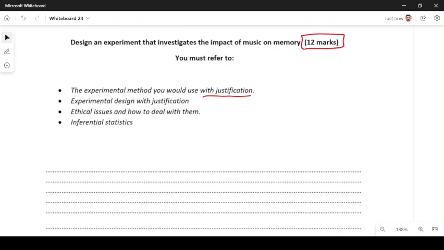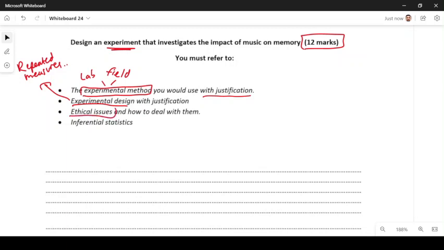So methods that we could make reference to, you could go down the route of the lab, you could do a field. You're obviously not going to do an observation or a correlation or anything, because this is designing an experiment. Make sure as well, this is research methods recap, you know the difference between an experimental method and experimental design. Experimental designs, you could choose maybe repeated measures, maybe the independent groups design as well.